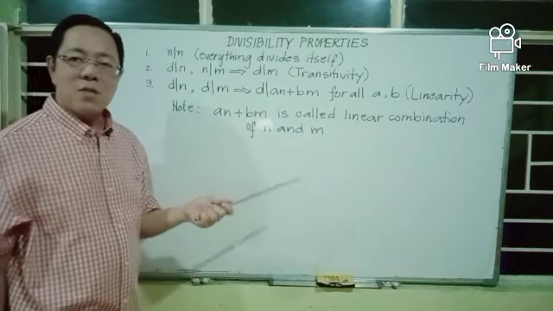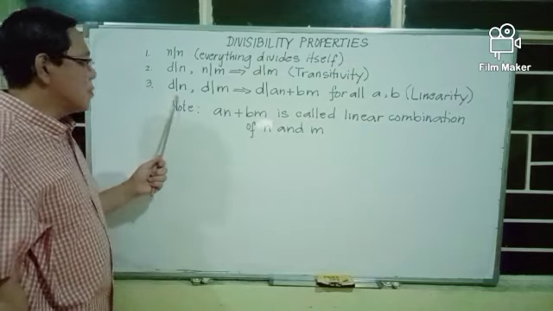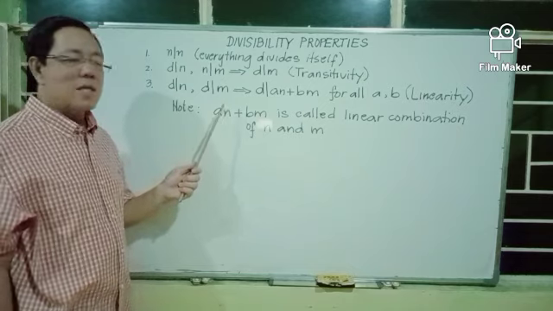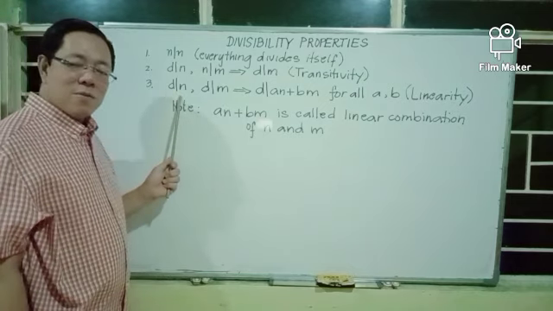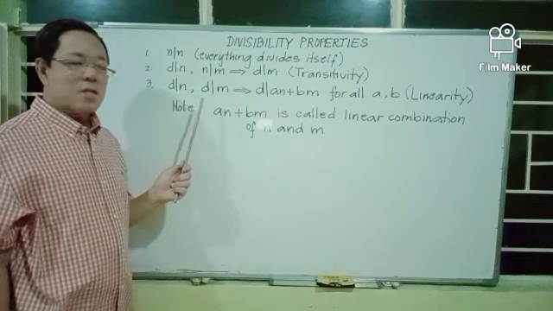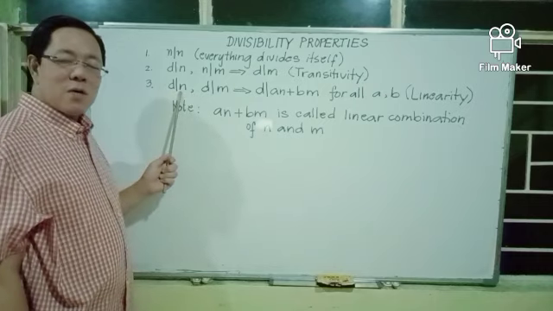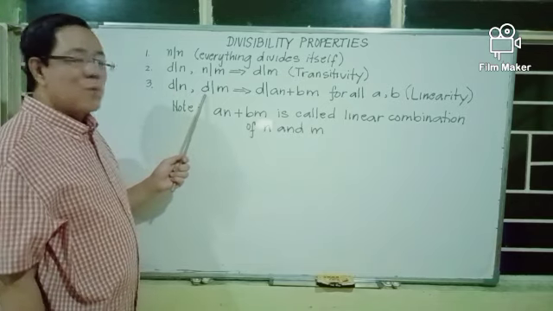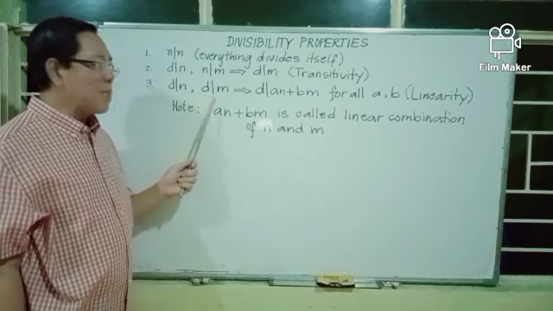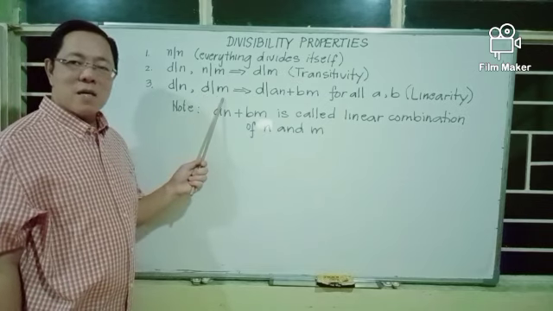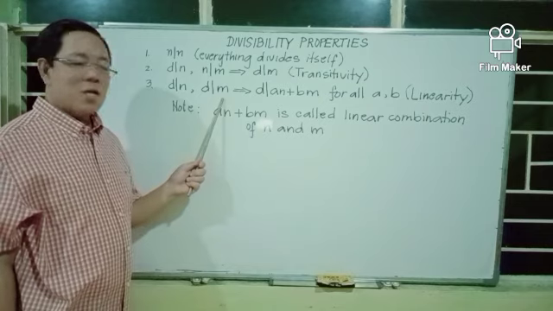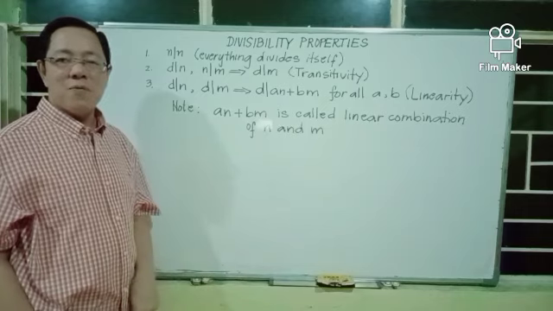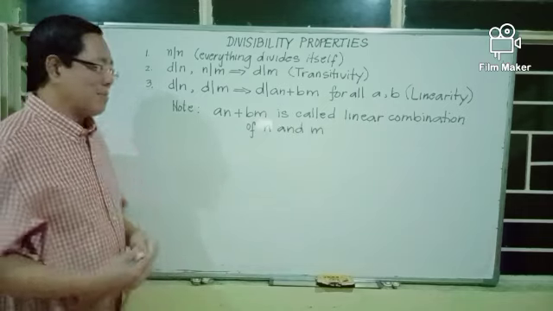To find that integer, we will use the premise that d divides n, which means there is an integer such that n is equal to the product of the divisor d and that integer. Also we will use the second given that d divides m, which means there is an integer such that m is equal to the product of d and that integer. We now prove the linearity property.